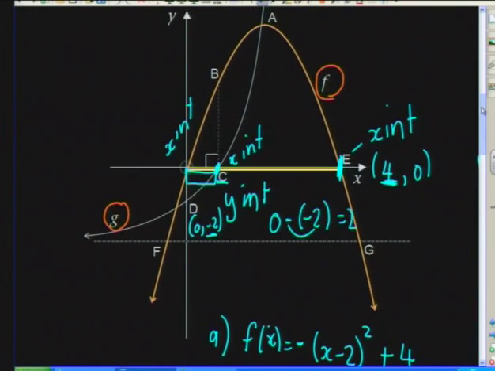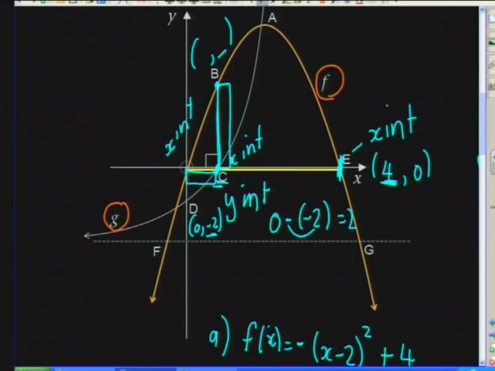Quickly, let's have a look at D, which wants us to find the length BC. BC is that point just above the x-intercept of the exponential graph. In fact, it's in the same vertical line. So the x-coordinate at point C is also the x-coordinate at point B. If I want to find the vertical distance from B to C, I need the y-coordinate at point B. How do I do it?